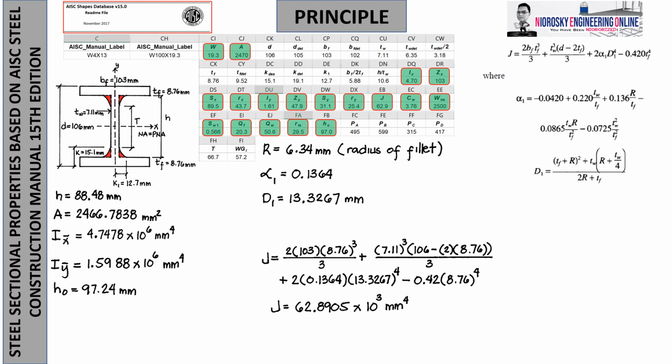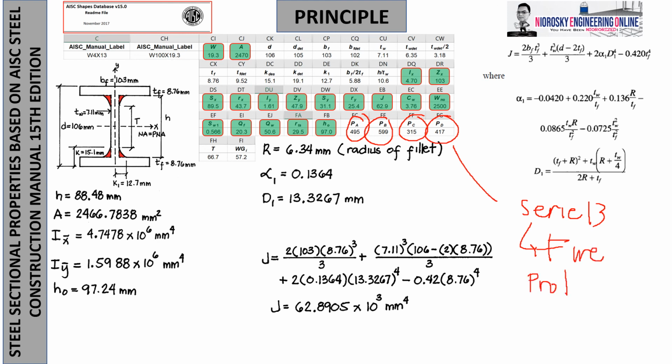And the rest, no, yung makukompute natin na PA, PB, PC, PD, kung naalala nyo, sinabi dito yung design guide series 13, so related po ito sa fire protection. So we no longer discuss this because this is not part of our design computation. So therefore, if you want to know those things, then you may refer to series 13 under fire protection.